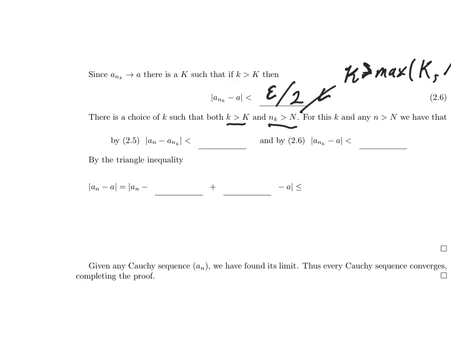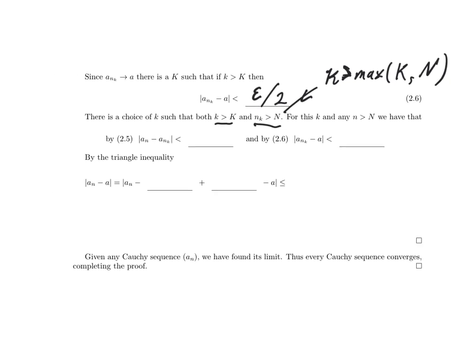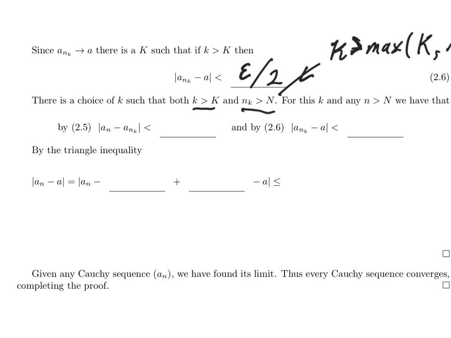For this particular choice of k, and any choice of little n bigger than big N, I get the absolute value of a sub n minus a sub n sub k is less than epsilon over 2.